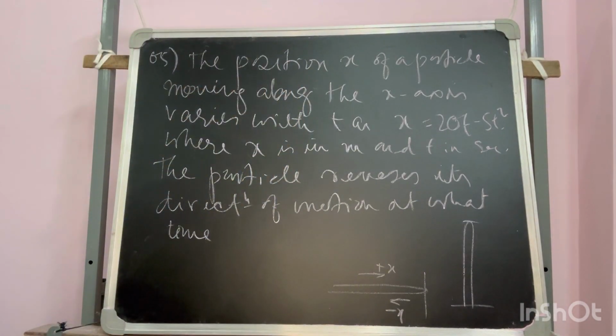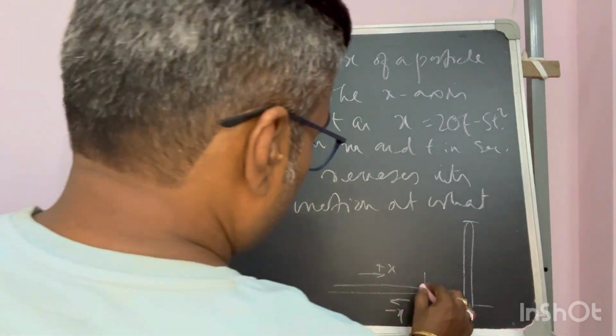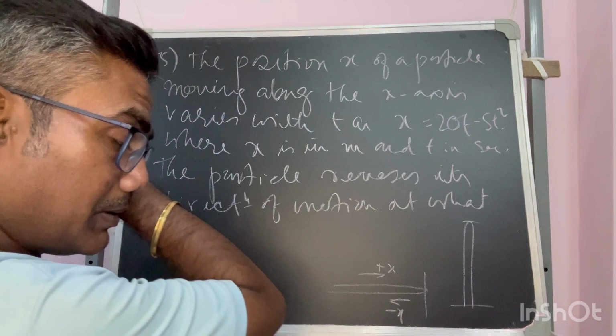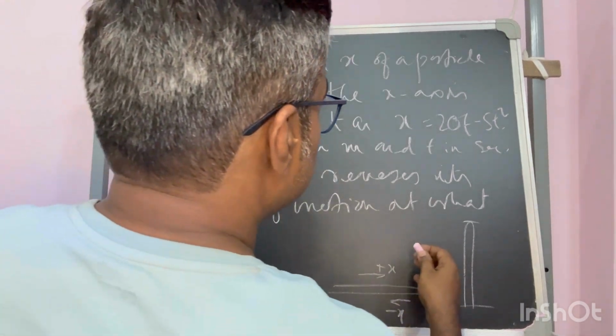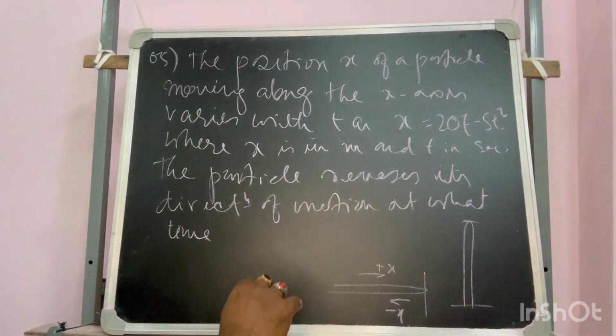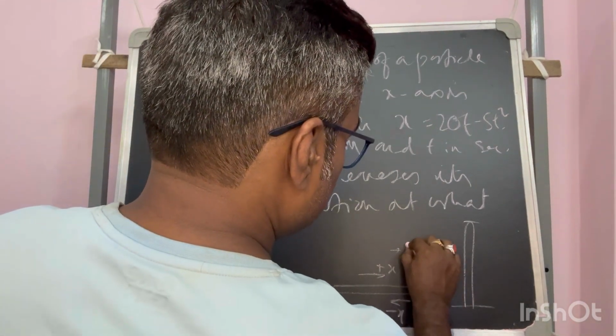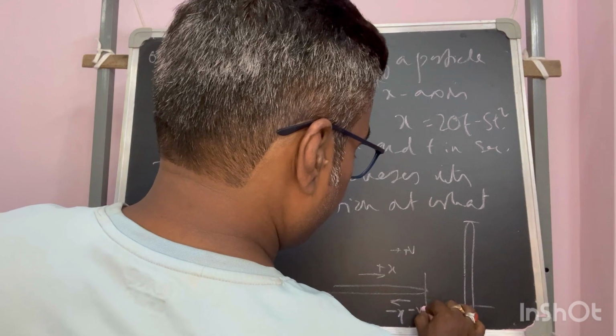Now you see, when it is reversing its direction, that means velocity is also changing its direction. If this is velocity v positive, this will be the negative v.